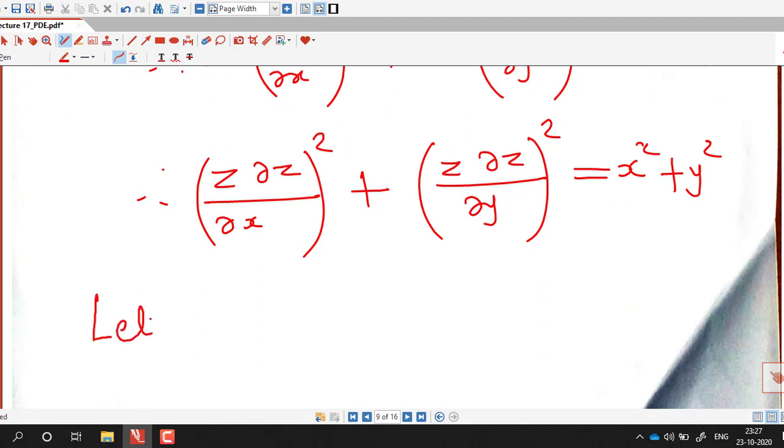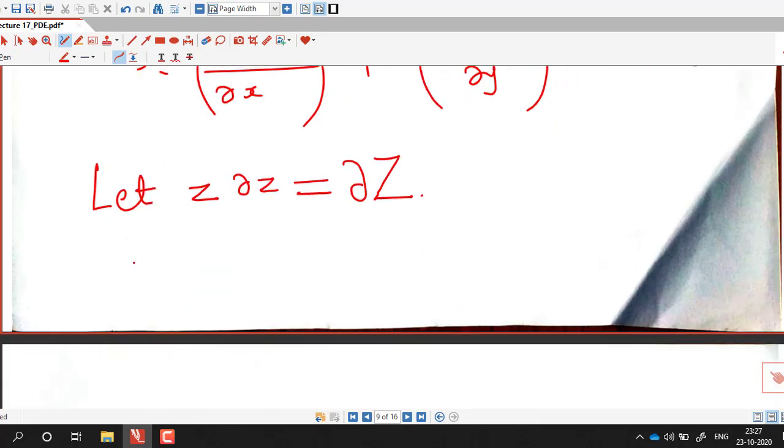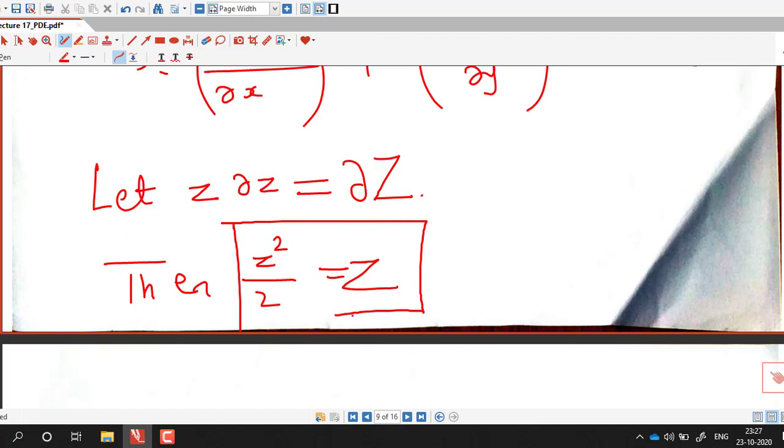Now this suggests that we should take this change of variable: z del z equal to del capital Z. Then from this we obtain small z square by 2 equal to capital Z. This we will use after obtaining the complete integral.